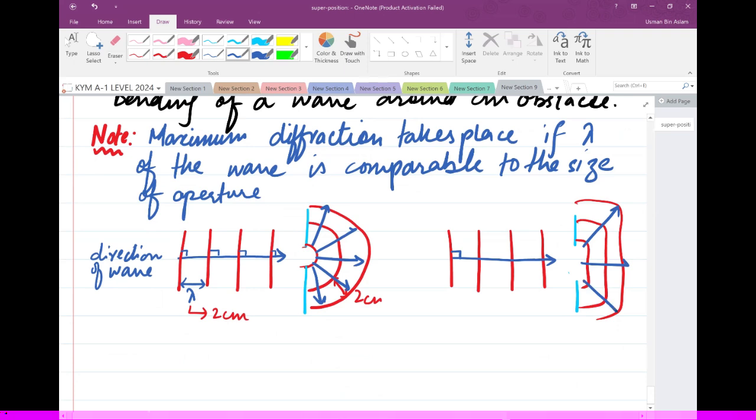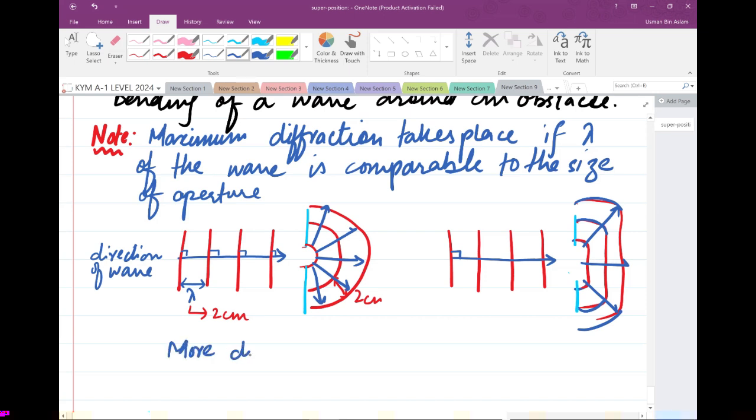Most of the waves are traveling still straight, only a little part of them is bending. This portion is curved, this portion is curved. Whereas for the previous diagram, the entire wavefront got curved. So in this case, there is more diffraction, and in this case, there is less diffraction.